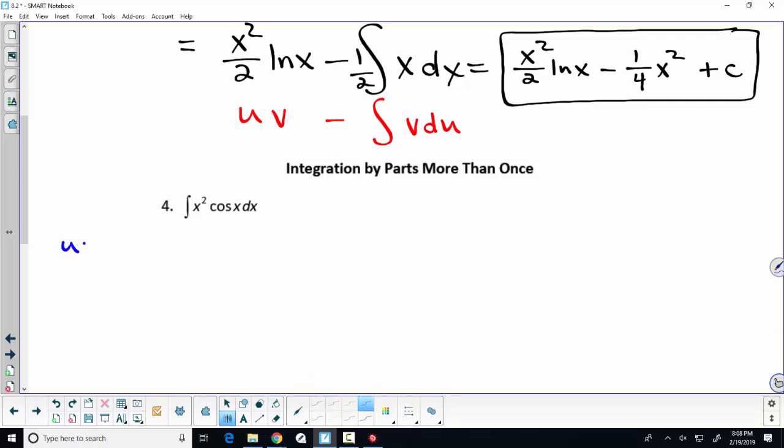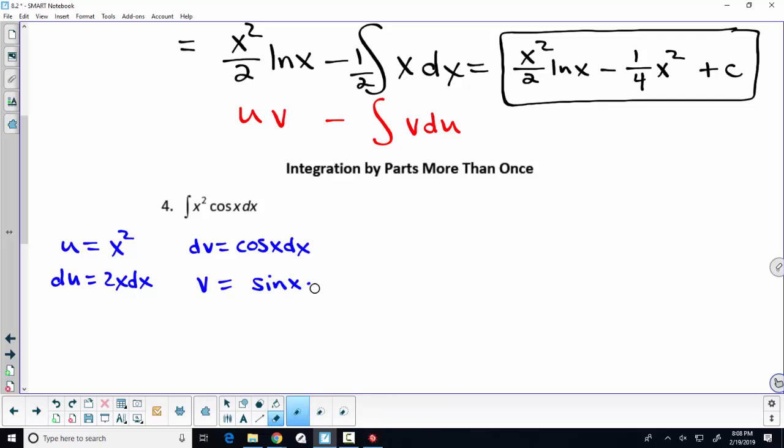Okay, so u is going to be x squared, dv is cosine x dx. du is 2x dx, and v is sine x. Okay, so one iteration of integration by parts.